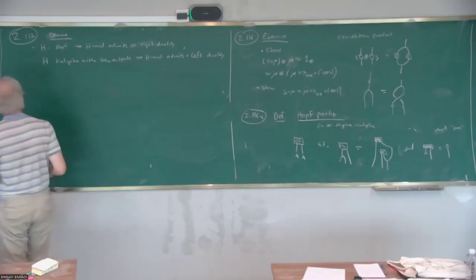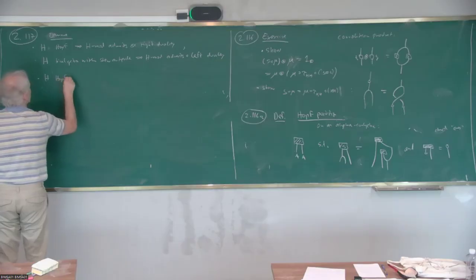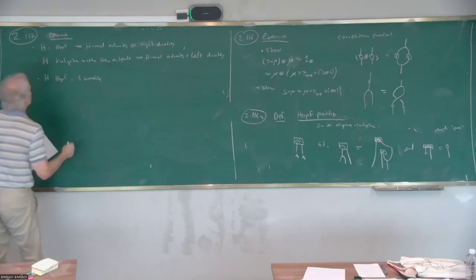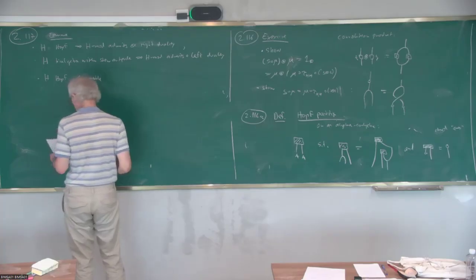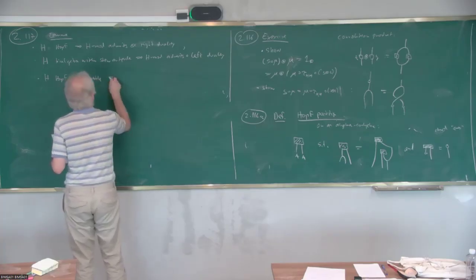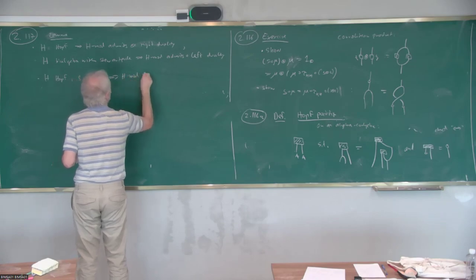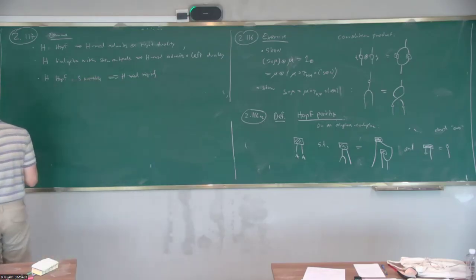And then in particular, if H is a Hopf algebra and S is invertible, then we can use both of these according to what I had said before, so that in this case H-mod is rigid, left and right rigid.